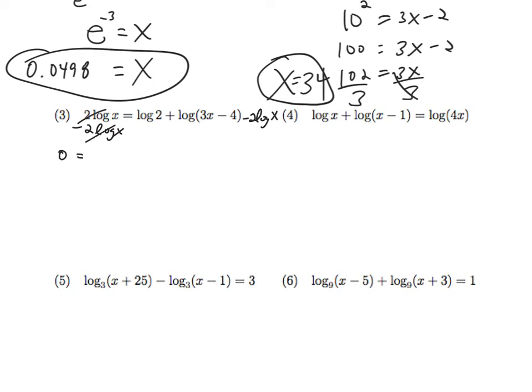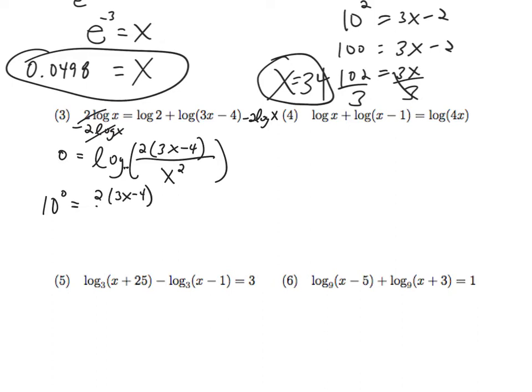I can condense this into one log by saying log of 2 times 3x minus 4 over x squared. And I can also change this to exponential form by raising the base here. So 10 raised to the power of 0 equals 2 times 3x minus 4 over x squared.